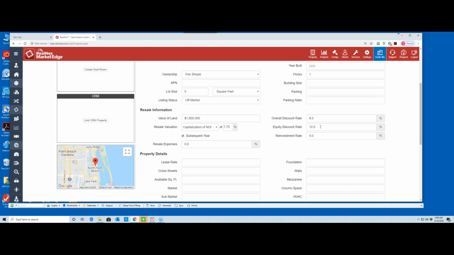Of course, leverage isn't necessarily always favorable, but when we borrow money, we hope to earn a higher return on the property than the cost of our debt. So hopefully we're able to borrow money at a lower rate than 8%, and that's going to leverage our return up. So in this case, we want to see if we can get at least a 12% rate of return as an equity discount rate.